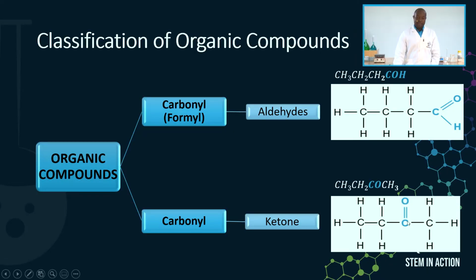When the CO double bond is found in the middle of the chain, whether it is on position 2 or whatever position, as long as the carbon that is bonded with oxygen is bonded to two other carbons, one on either side, then it is a ketone. When this carbon is at the end, then it is an aldehyde. So these are our carbonyls.